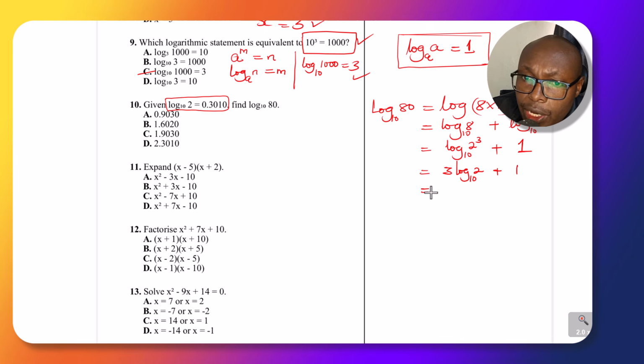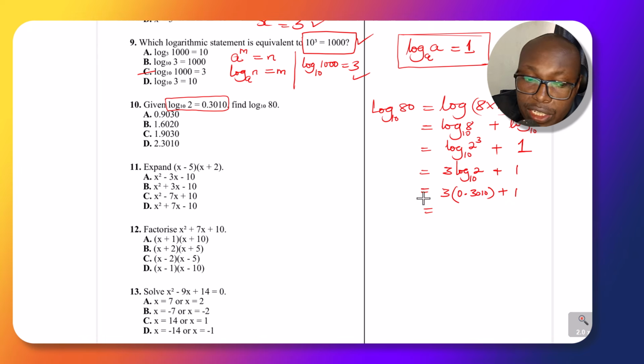Now this is the point where we utilize this. You're given logarithm of 2, so you'll have 3, and then logarithm of 2 to the base of 10 is 0.3010 and then plus 1.